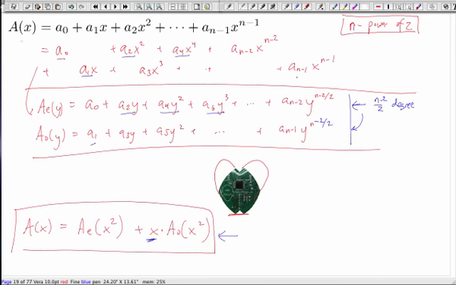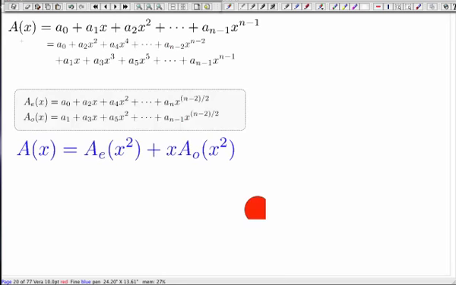So the first thing I did in this line right here is factor out an x. When I wrote A odd, the first step I did is factor out an x and then do that. So now notice that A even and A odd have essentially the same form. I'm just getting the odd powers with this external x right here. Yeah, so let me actually put this one up. It's probably easier for you to follow.